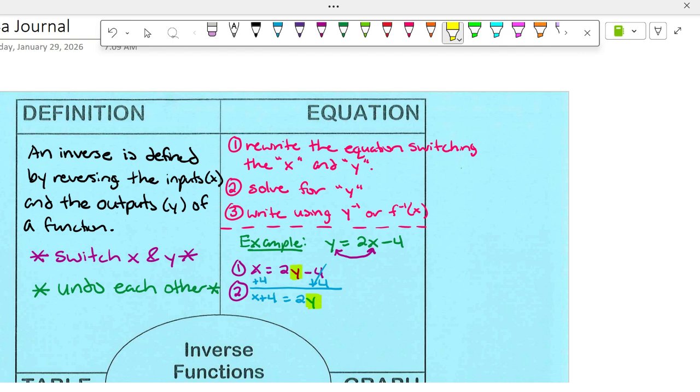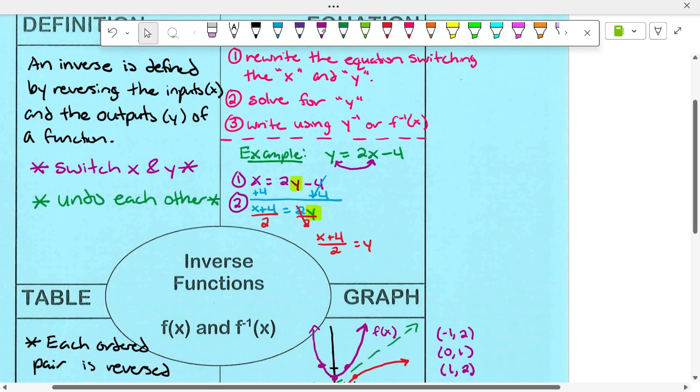So what's my next step to get the y by itself? Divide by 2. So I'm going to divide both sides by 2. That goes away, and now y should be by itself. So x plus 4 over 2 is equal to y. And you can literally leave that like that.